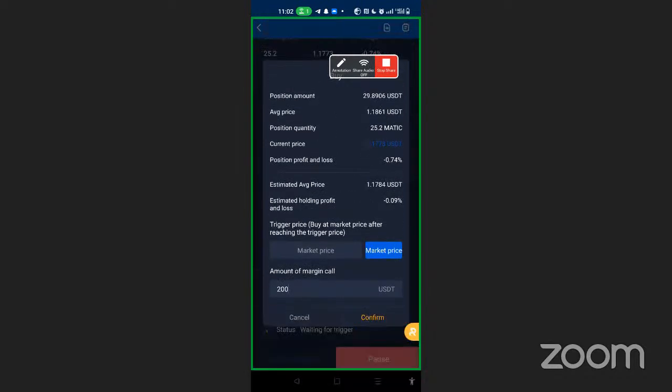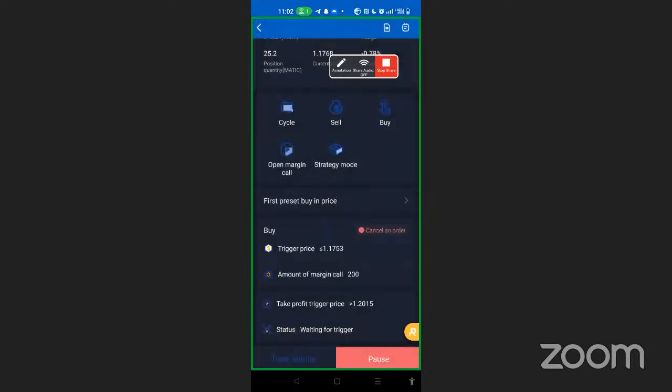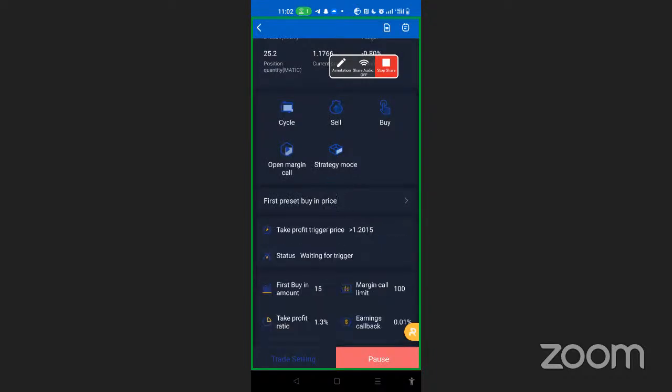When you confirm, the robot will buy instantly. But you can also choose a price at which you want your robot to buy, and the robot will wait for the market to come down to that price and buy more of that particular coin. This is what you call manually setting the robot. If you have understood, I'm going to cancel this. Then I go back to the sell.